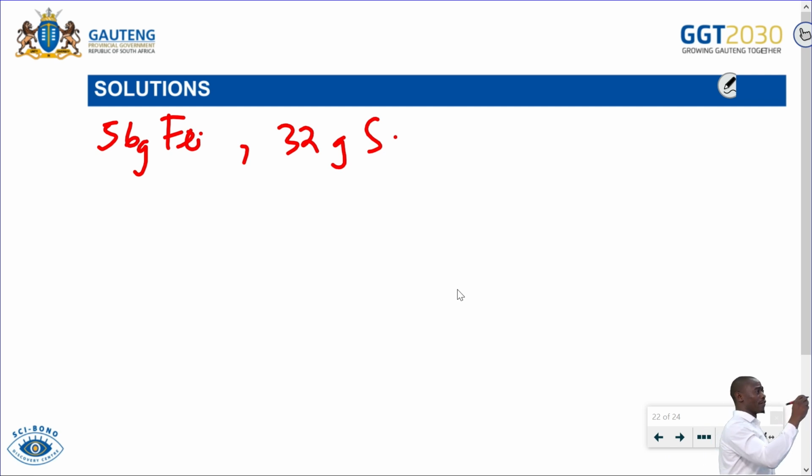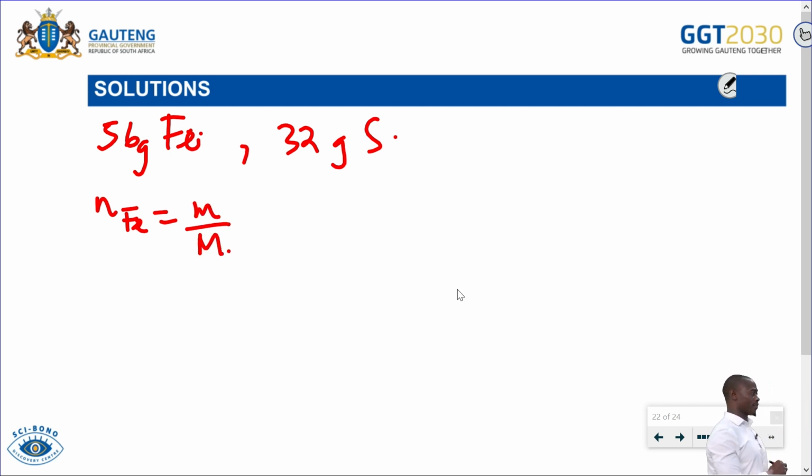So for the empirical formula, it should be the number of moles of iron, which is mass over molar mass, then the number of moles of sulfur, which is mass over molar mass.